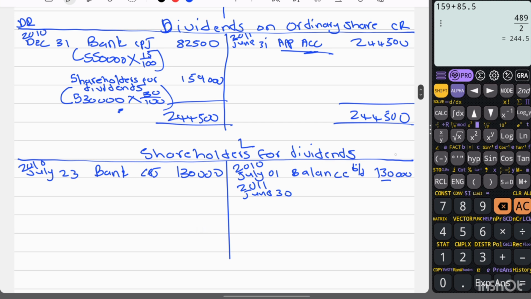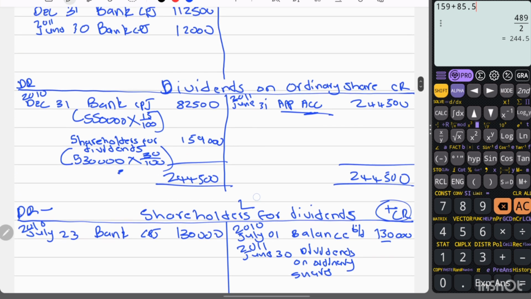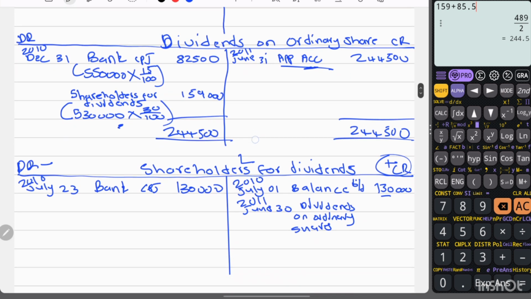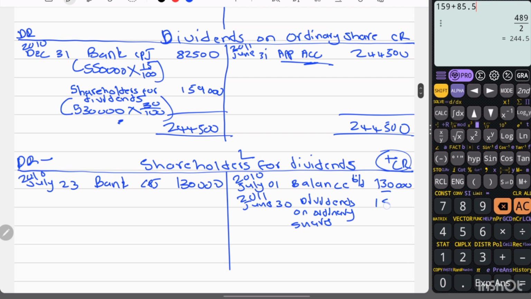This one is a credit, this one is a debit. I'm owing dividends on ordinary share. How much is the dividends? It's the amount that I calculated here, which is 159. I'm creating a liability for the company.